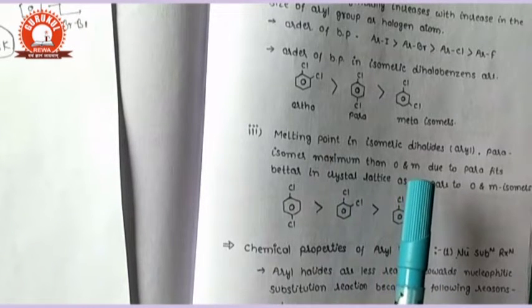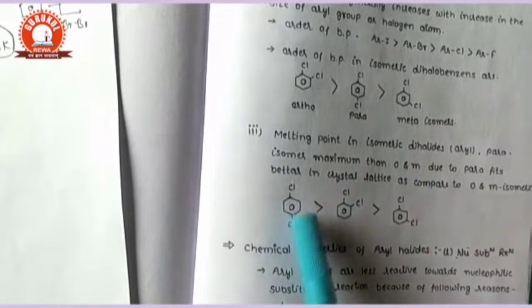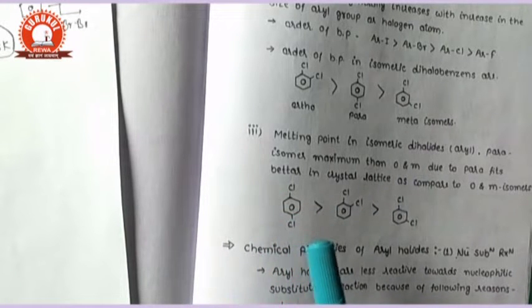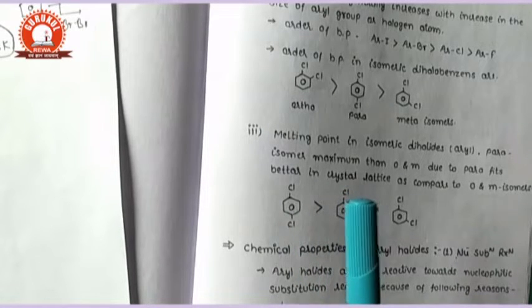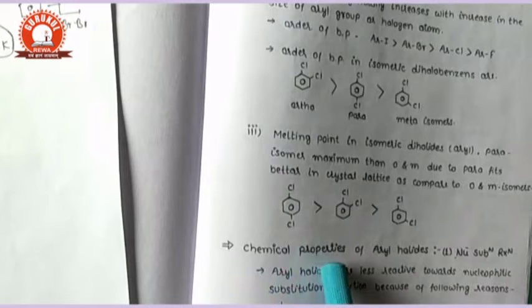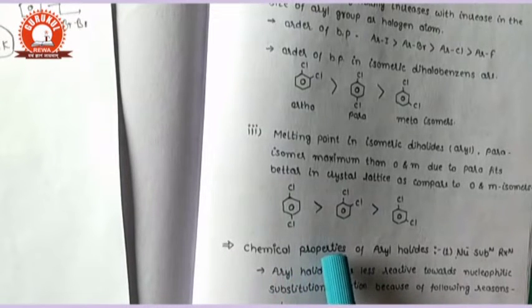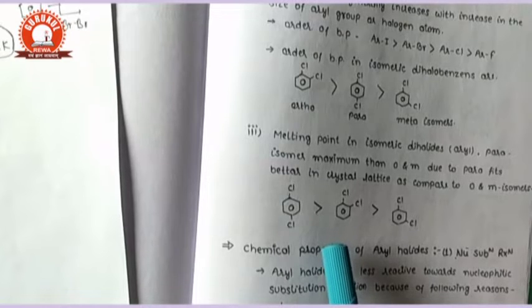If you see the first chapter of the aromatic part, that is haloalkanes and haloarenes, two or more videos remain, and after those two videos this chapter will be completed. We are discussing the complete NCERT questions and some important questions also.